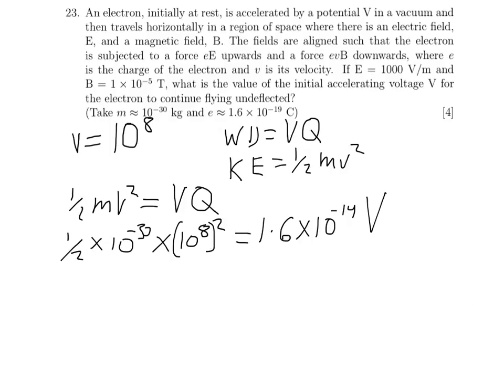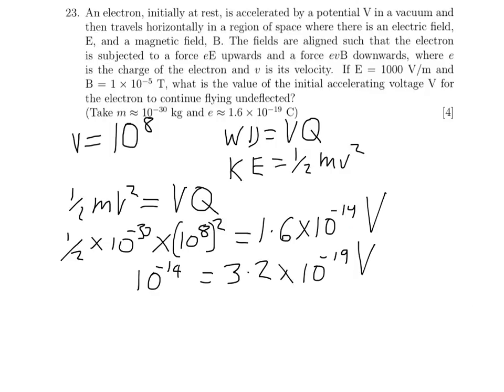Having done all that, a lot of this you can do in your head. For example, for this section you can just use the laws of indexes, so that's how I've arrived at 10 to the negative 14 there. I've divided both sides by half to cancel that out, to give 32 times 10 to the negative 19 times our voltage.